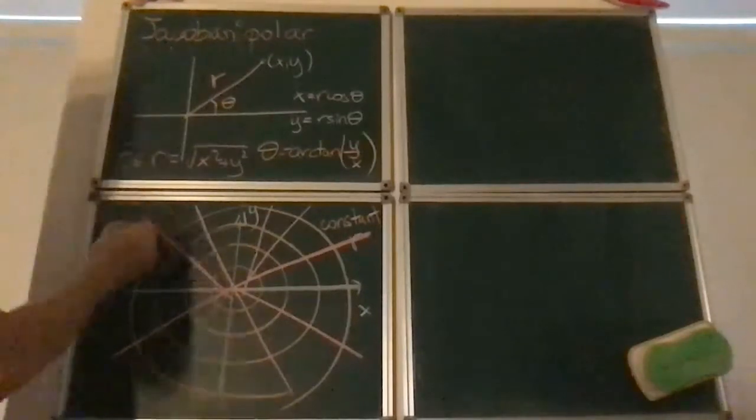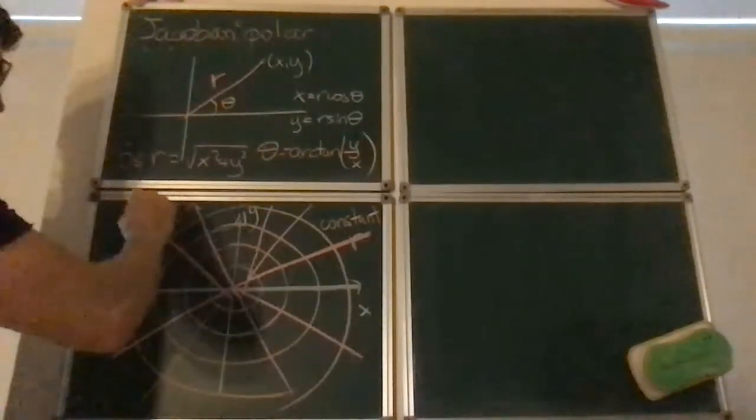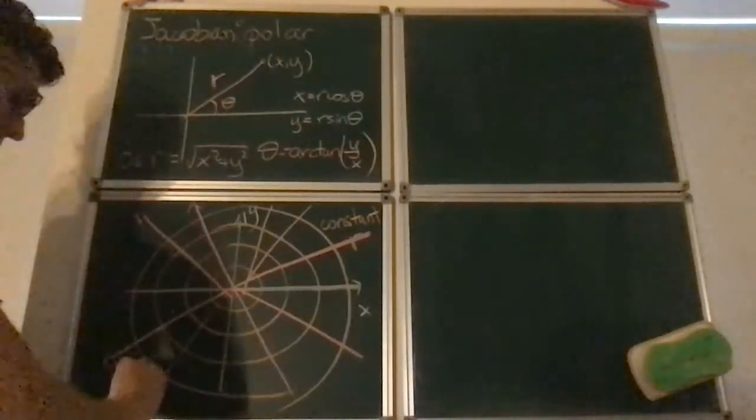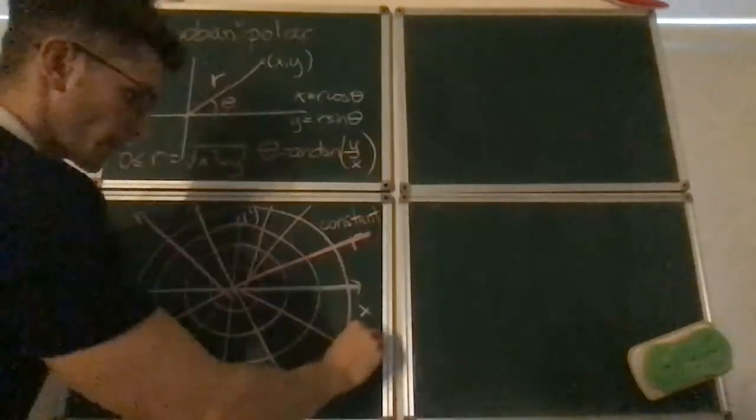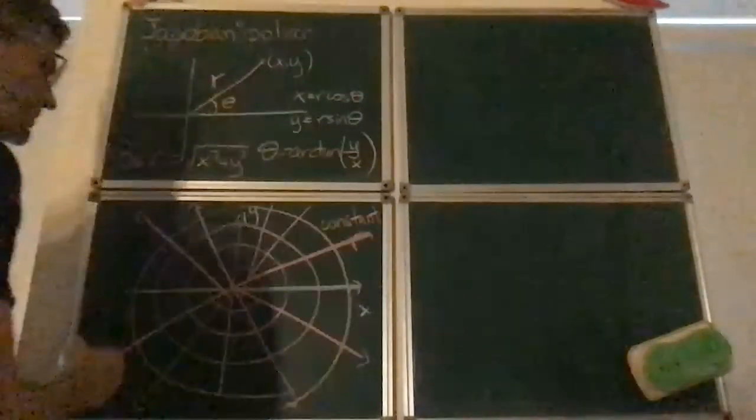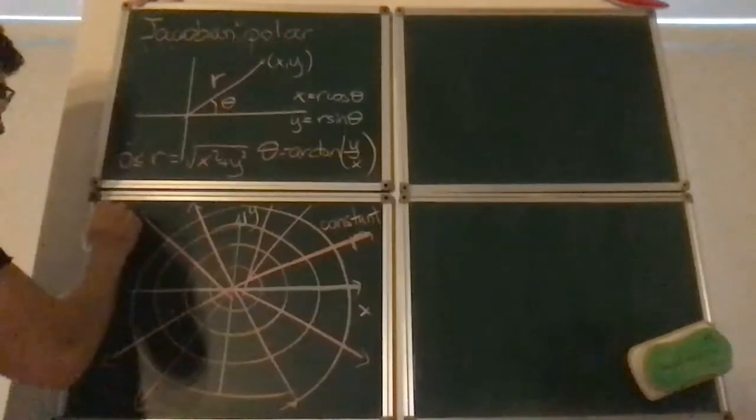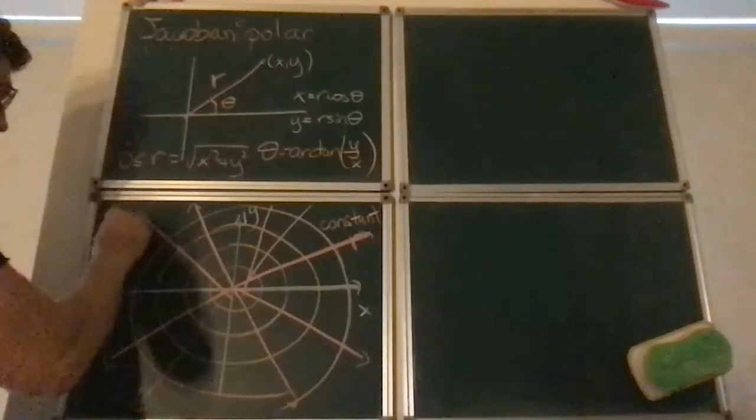So any of these segments is a curve where theta is constant.